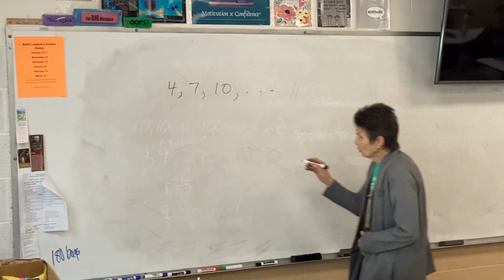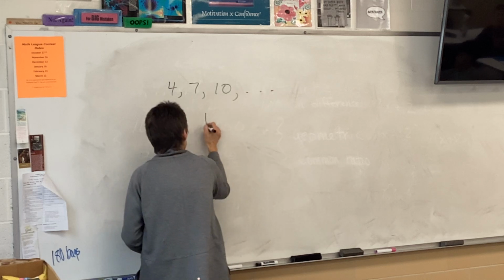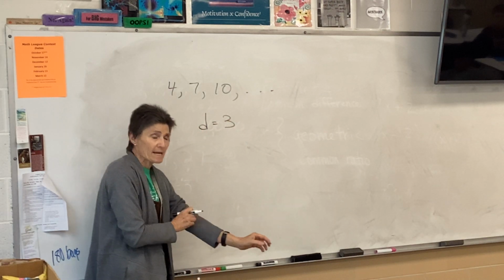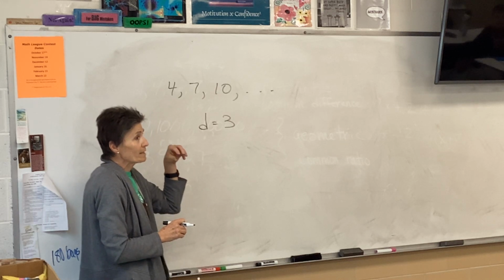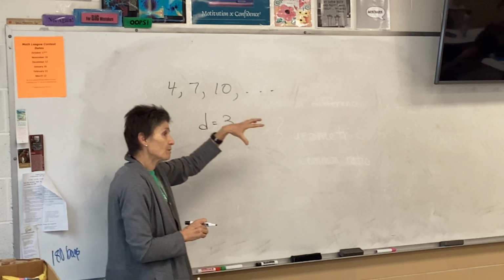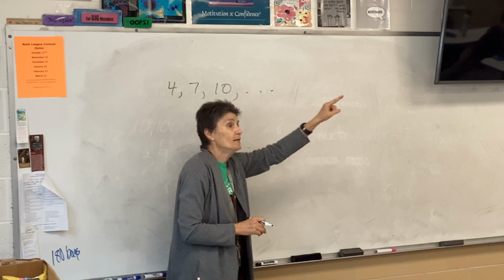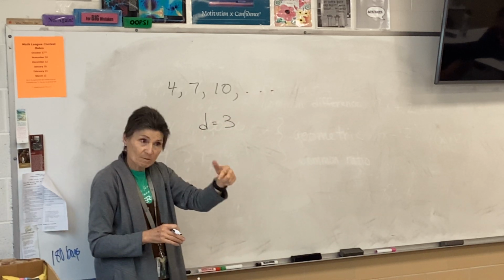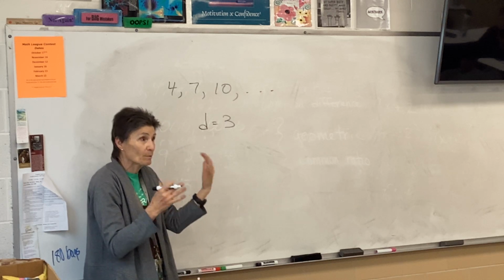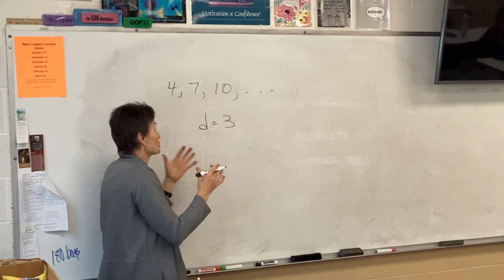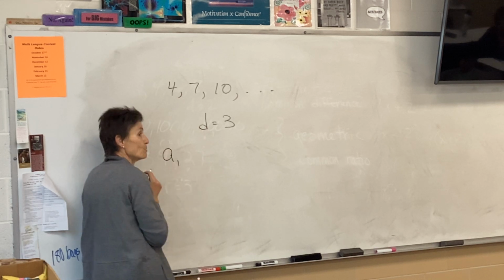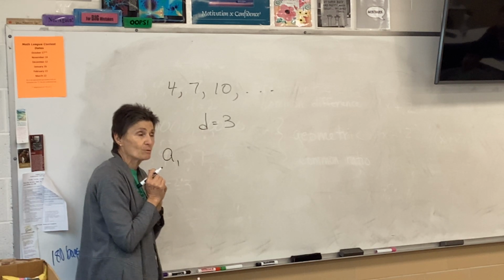Now I want you to look at this, guys, because we need to do something besides memorize. We need to understand what's happening so that we can start tying arithmetic sequences to linear functions and geometric sequences to exponential functions. But we have to understand what's going on in order to do that. The very first term of the sequence, I use a sub 1 as my notation.